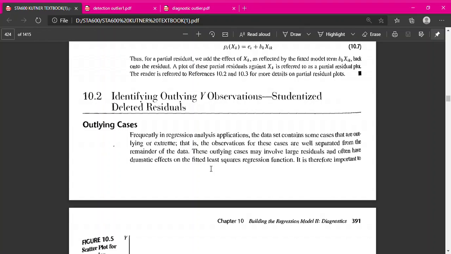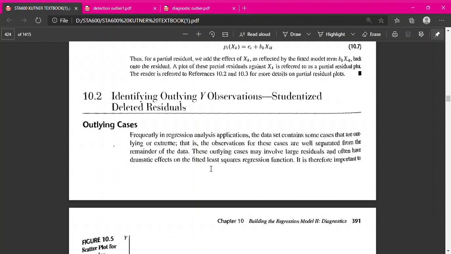So saya kira this is our last topic in our syllabus. Okay, the identifying of the outlier cases. Okay, actually outlier ni ada dua, outlier in X dan juga outlier in Y. So yang kita panggil outlier tu adalah outlying cases in Y observation, dipanggil outlier.